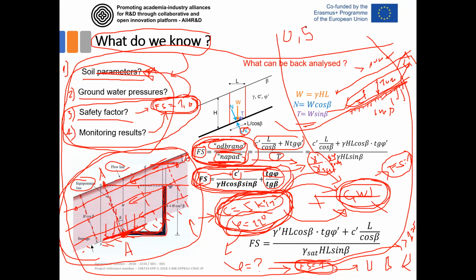And that actually means that the value of the safety factor is reduced by half for the case with water in comparison with the condition when there is no water. So if you have a dry slope and a saturated slope with water seepage down the hill, the safety factor will be reduced by half.